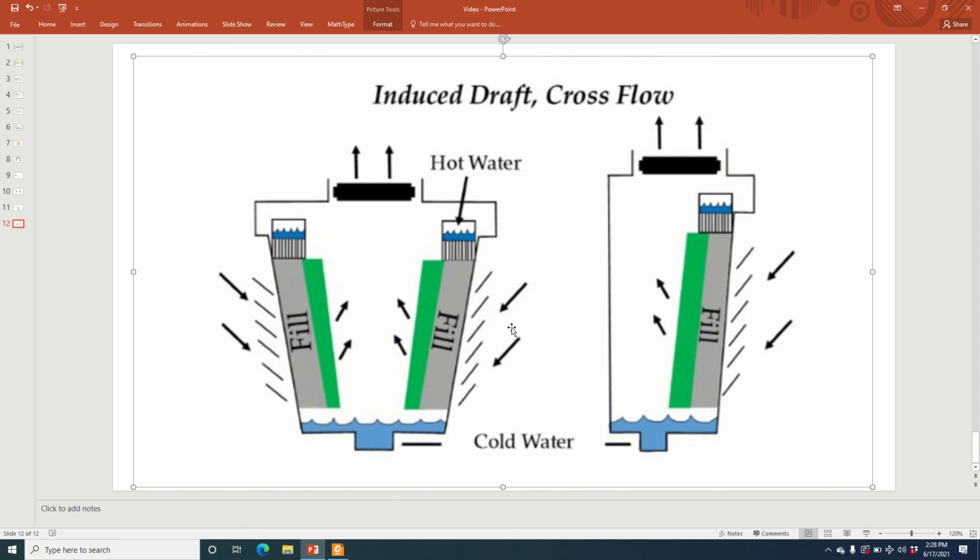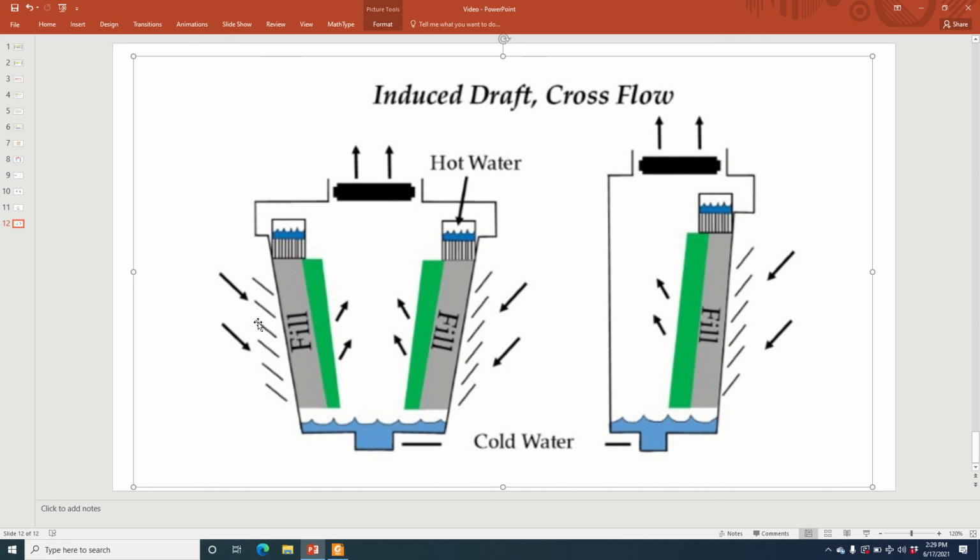You can see here this is an induced fan on the top, and this fan is sucking air from its sides, and you can see the air is entering from these air inlets into the cooling tower, and water is sprayed from the top of the fill, and this air takes away the heat of hot water, and then it is blown to the atmosphere.